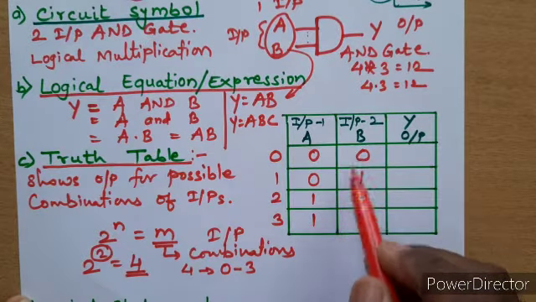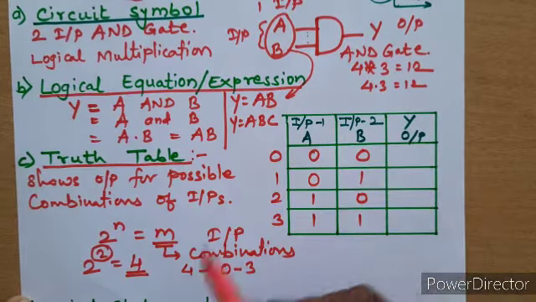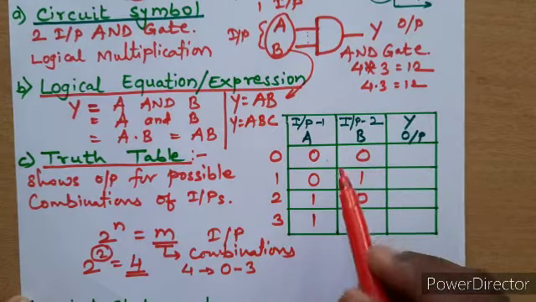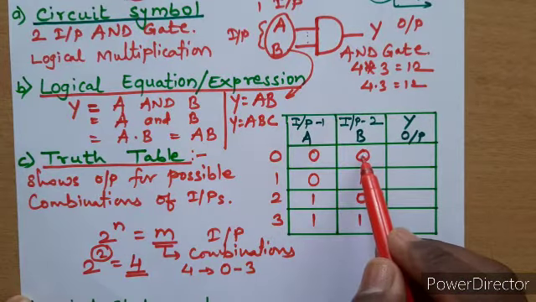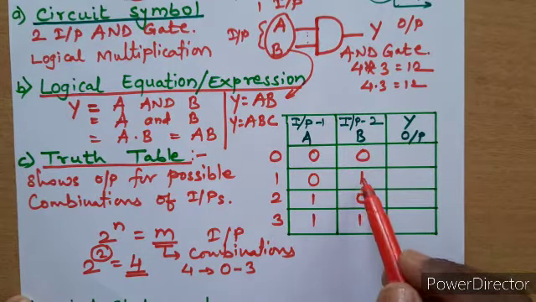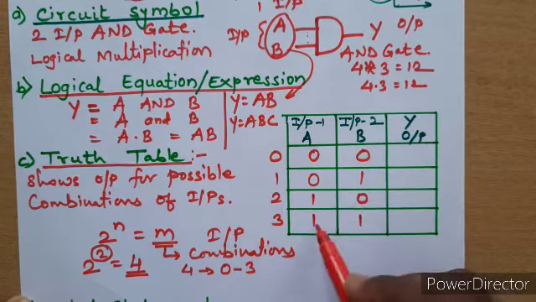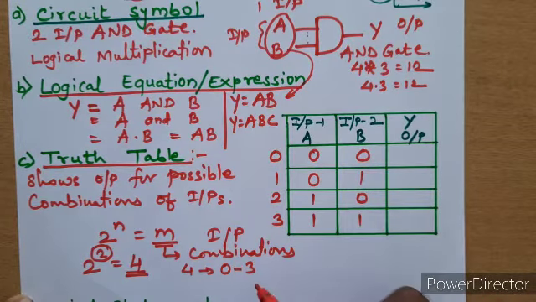So 0 0, 0 1, 1 0, 1 1. You can go this way also, or 0 combination with 0, 0 combination with 1, 1 combination with 0, 1 combination with 1.